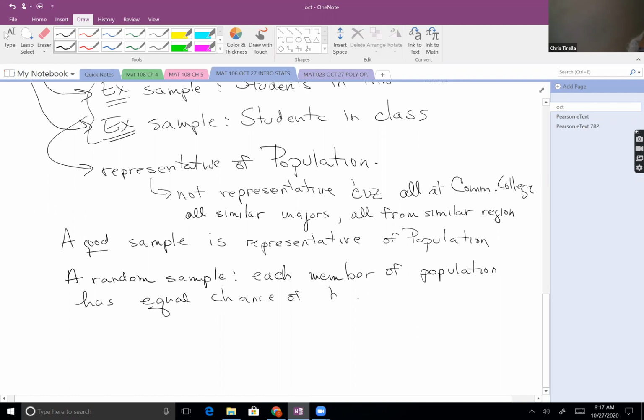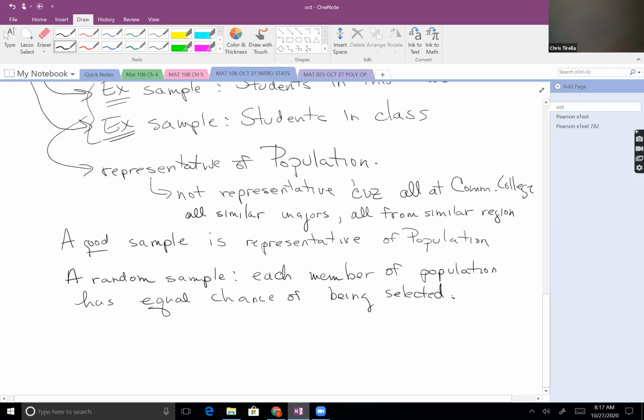So for a better sample of all American college students, what I might do is, for each state, put the names of all the community colleges in a hat and pull out two, and maybe all the four-year colleges in a hat and pull out two, maybe all the universities in a hat and pull out two.